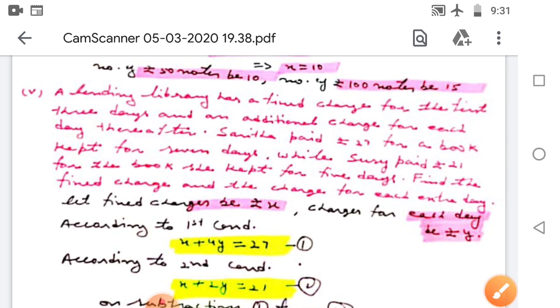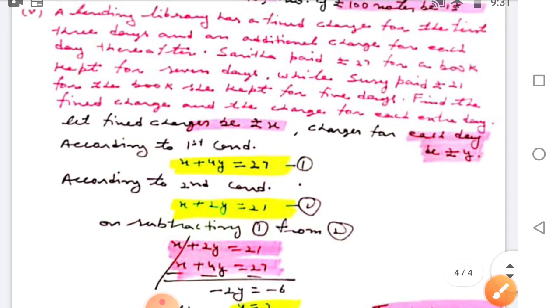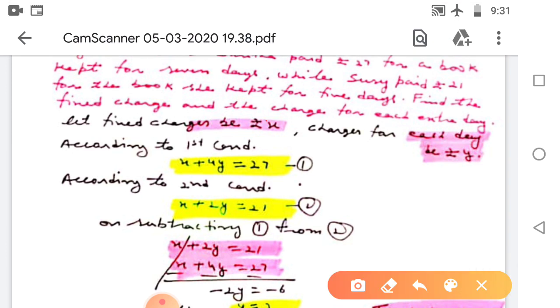Let the fixed charge be x and the charge for each additional day be y rupees. The book was kept for 7 days. Out of those 7 days, the charge for the first 3 days is x rupees. Now 7 minus 3 is 4 additional days, and the charge for each additional day is y rupees.